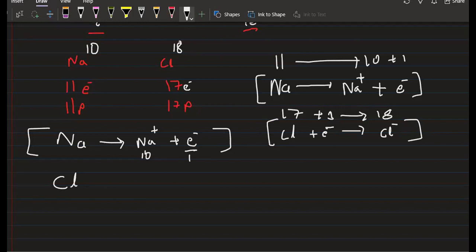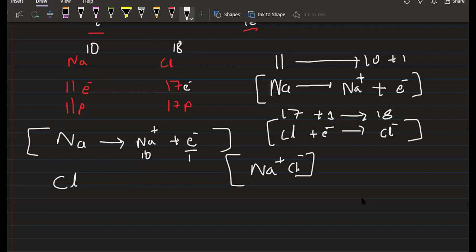This is the basis of all the equations that we will study. Now what actually happens is that this Na plus and Cl minus is your actual NaCl. Why?